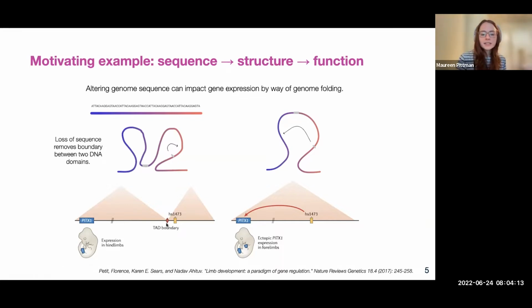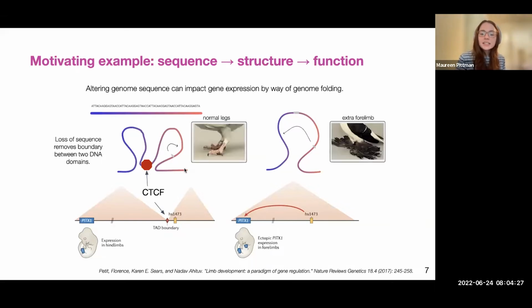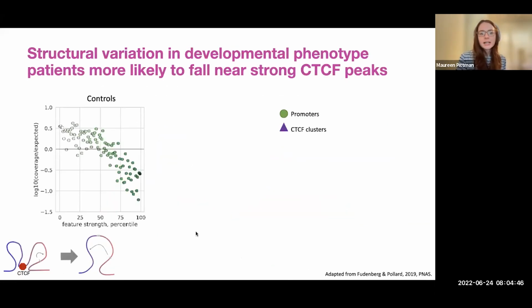However, if an important TAD boundary is deleted, this TAD boundary binding CTCF and potentially other insulators, then when it's deleted, it can lead to the PITX1 gene making ectopic contact with enhancers when it shouldn't, and the outcome is extra forelimb characteristics in the hind limb as a result of this expression change.